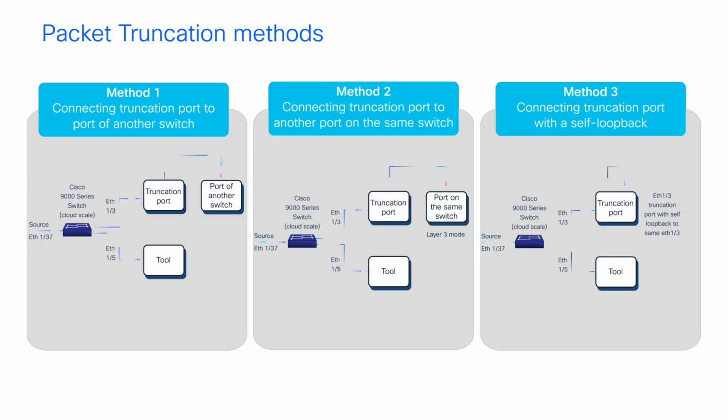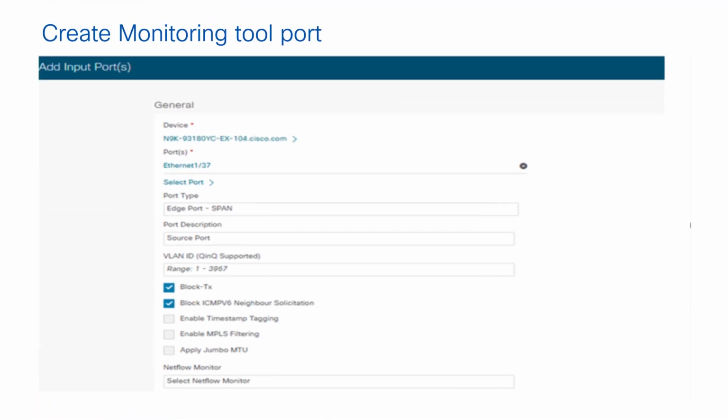But this video just focuses on the incumbent way that it is delivered today with 3.10.4 for enabling packet truncation. Now, coming to the configurations on the NDB controller UI, as we outlined, Ethernet 1/37 is a source port where we are getting the whole raw packets from a tap or a span.